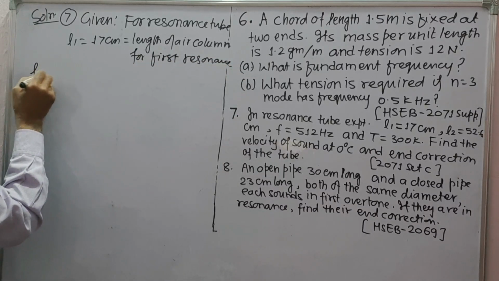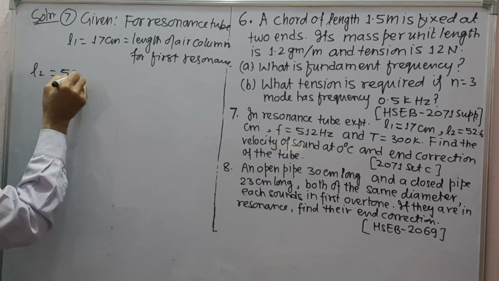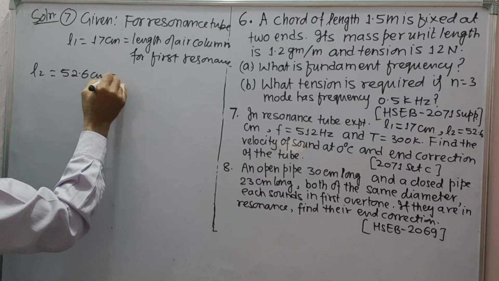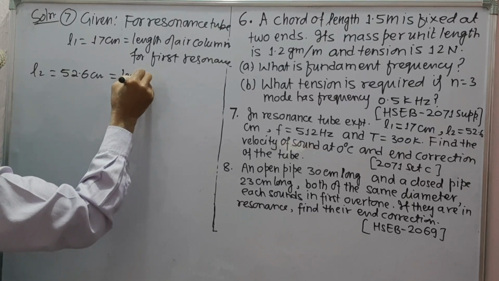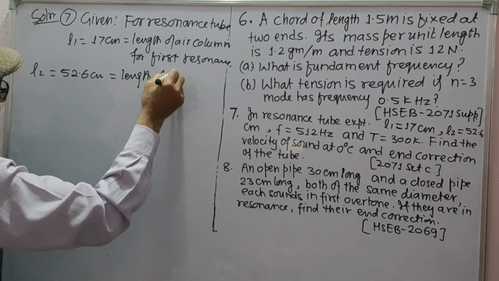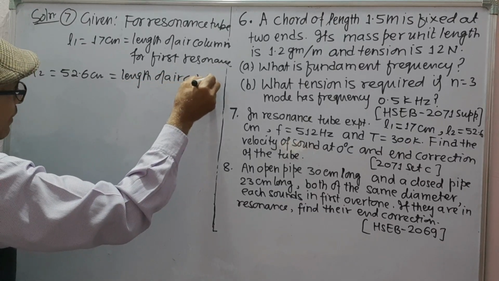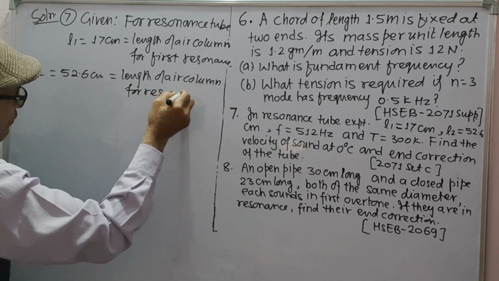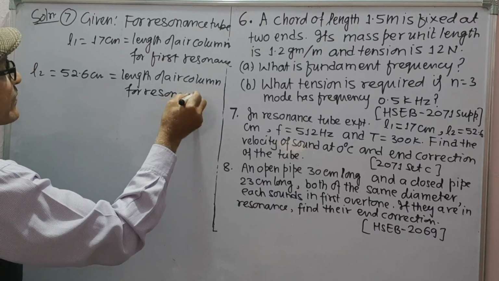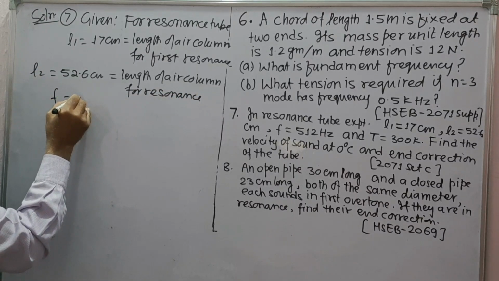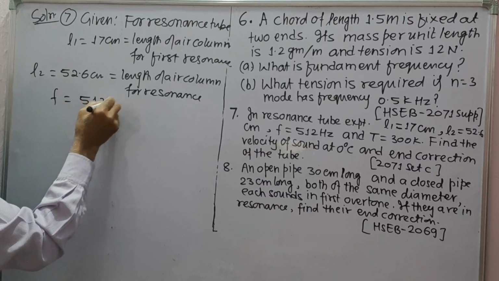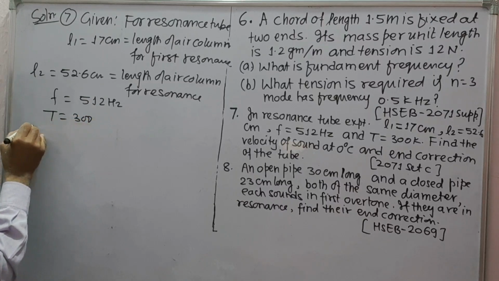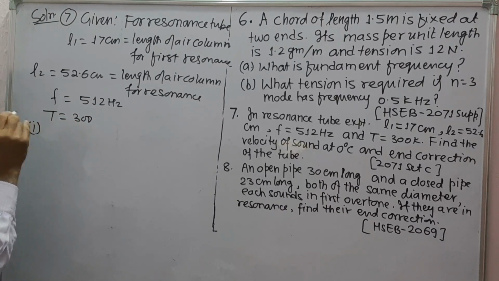Similarly, L2 is 52.6 cm, length of air column for second resonance. Frequency of tuning fork is 512 Hz. Temperature is 300 Kelvin. First we have to find V0.